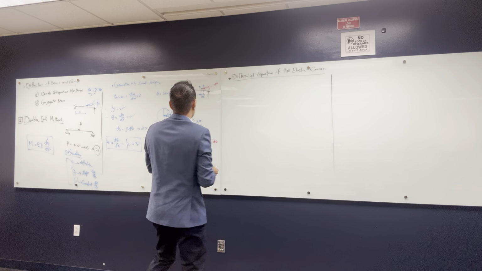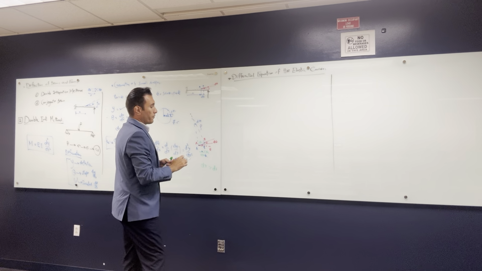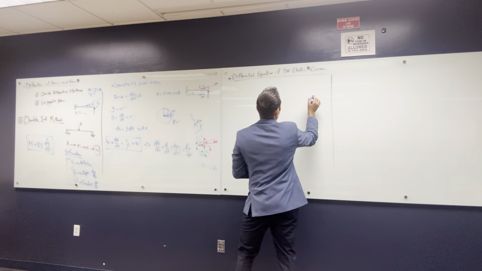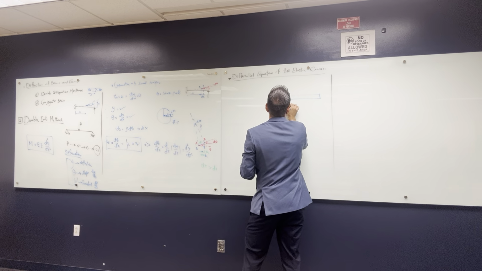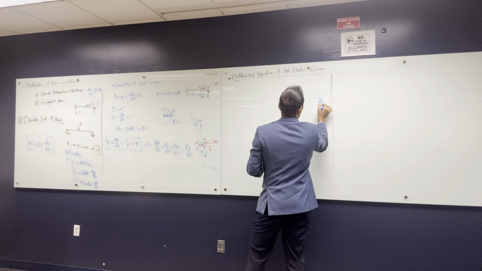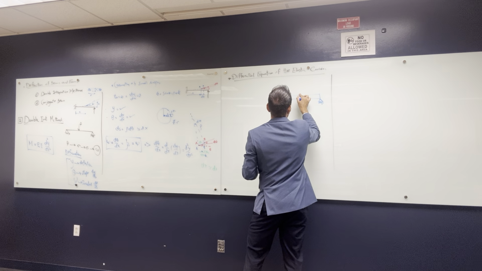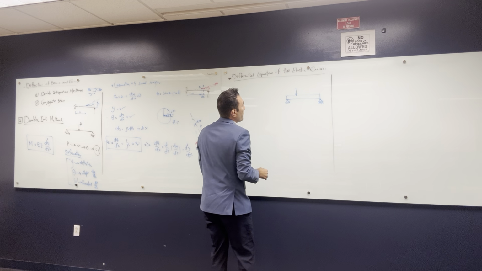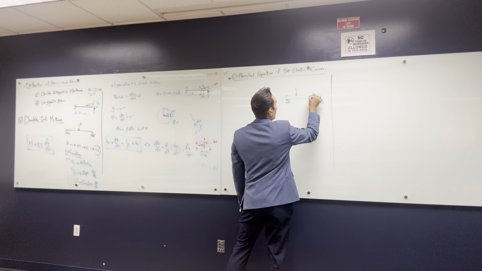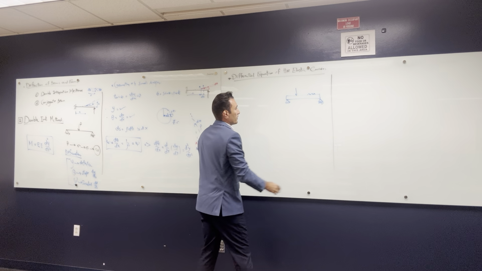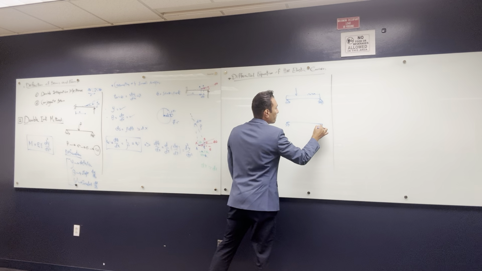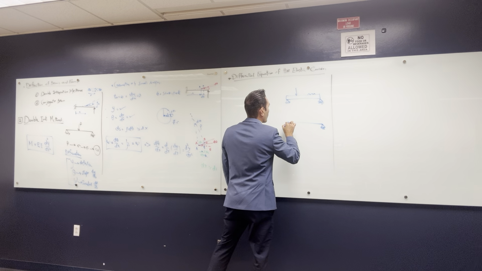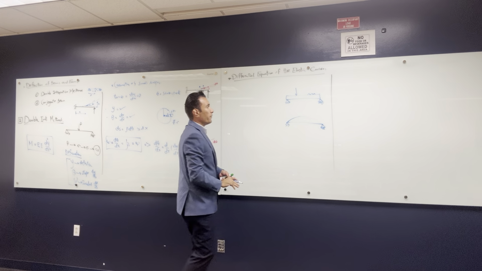All right, let's say that I have a beam like this, any general beam, like a simple beam. And there is a load like this, for example, or any general load, something like this. And this beam is going to have a bending moment, let's say like this, all right?